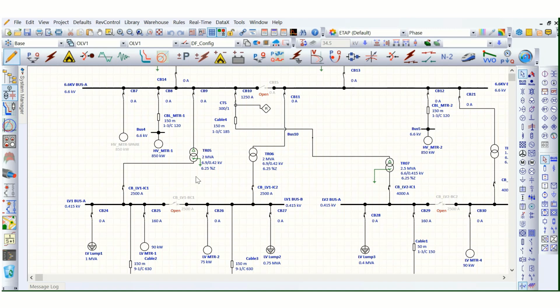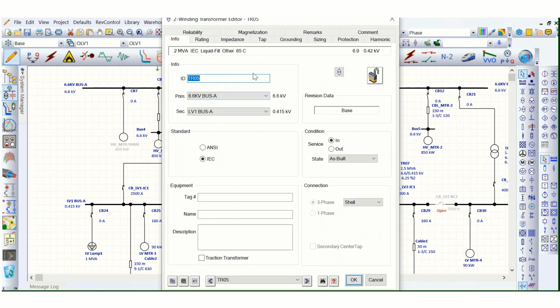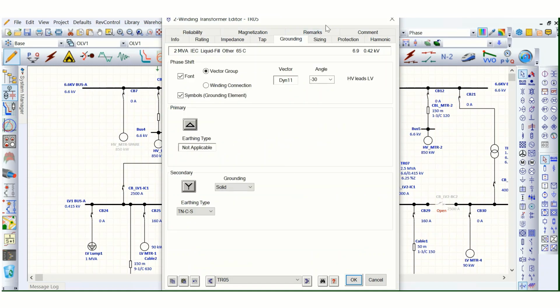We should not use the resistance grounding system. Suppose we use a resistance in between these two, and we want to limit, let's say, a 10 ampere ground fault current.